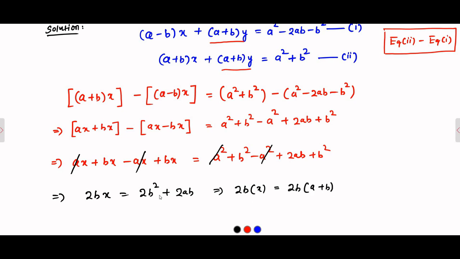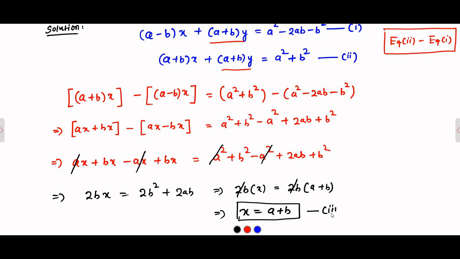So 2b will get cancelled. That implies x is equal to a + b. So we have got x is equal to a + b.